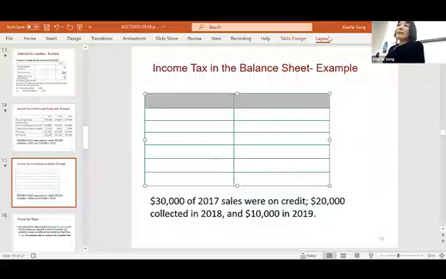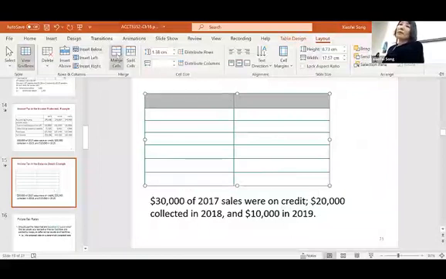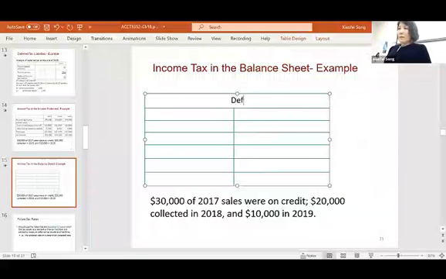This will be our balance sheet account. This will be the deferred income tax liability.